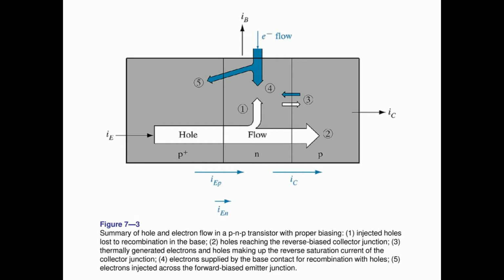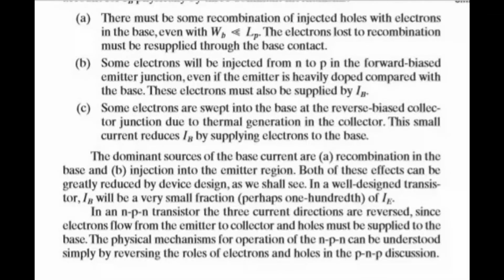Yesterday we discussed that among the main phenomena, that is recombination of electrons with holes in the base, and some electrons moving from the base to the emitter, even though your emitter is heavily doped and your base is lightly doped, these 2 are the dominant mechanisms which affect the total emitter current as it reaches the collector.